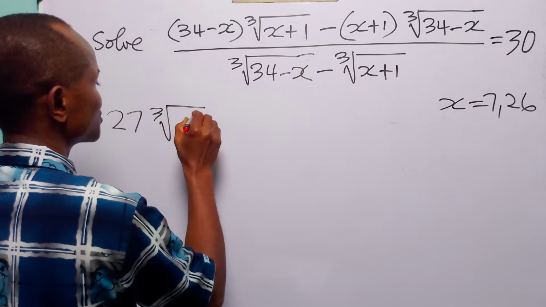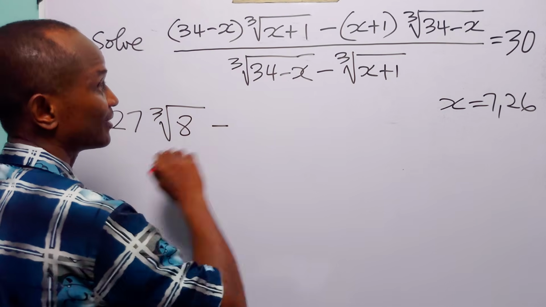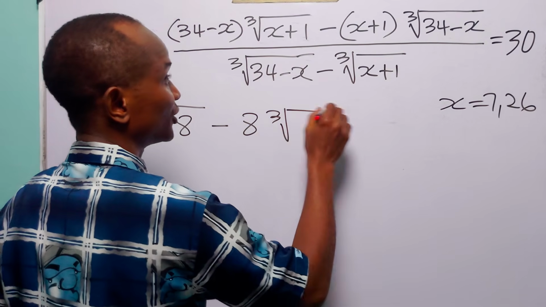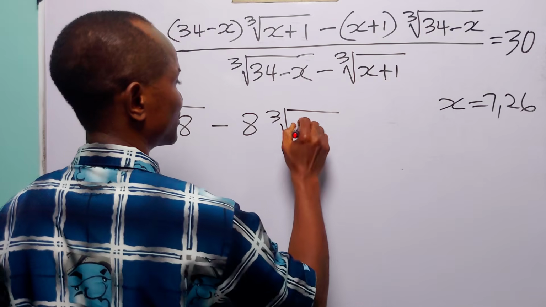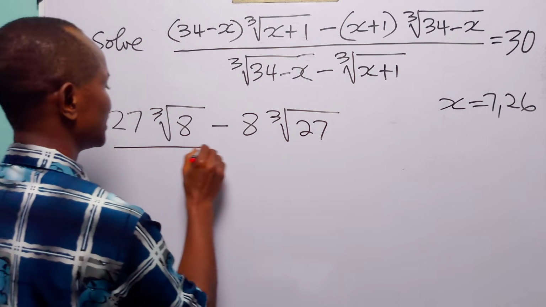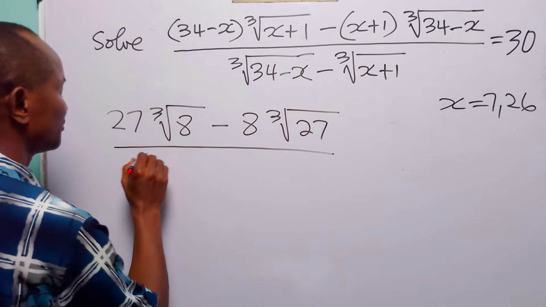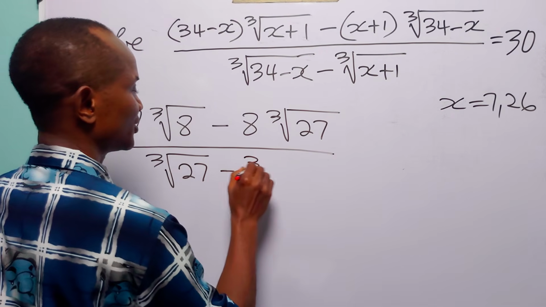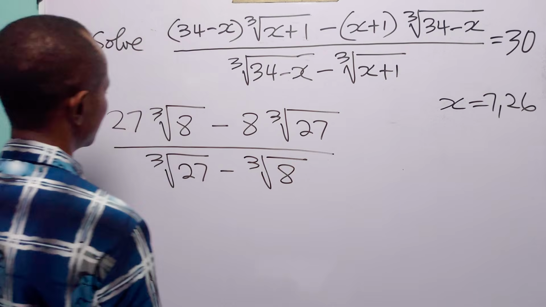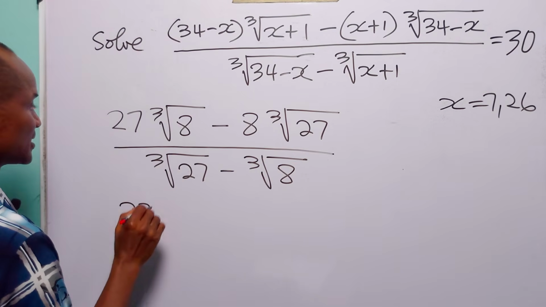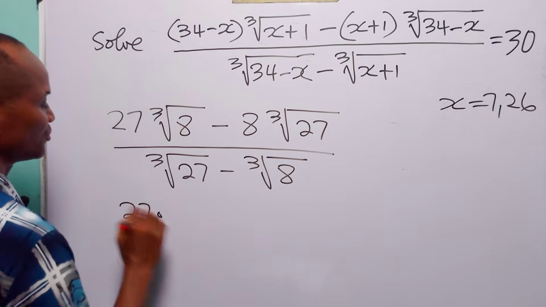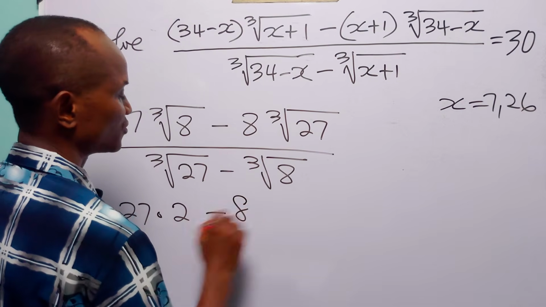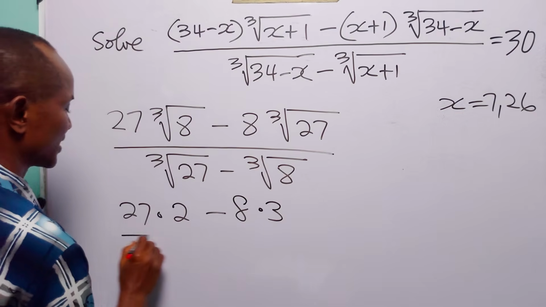Now to check, when x is equal to 7, we have 34 minus 7, that is 27, times the cube root of 7 plus 1, that is 8, minus 7 plus 1, that is 8, times the cube root of 34 minus 7, that is 27, divided by the cube root of 27 minus the cube root of 8. Now here we have 27 times the cube root of 8 is 2. 8 times the cube root of 27 is 3.